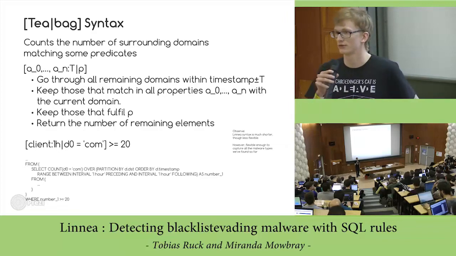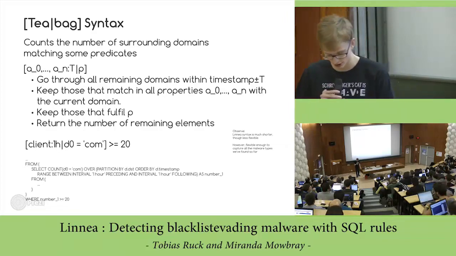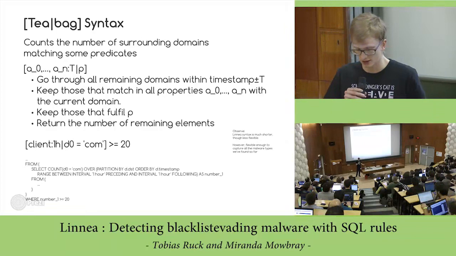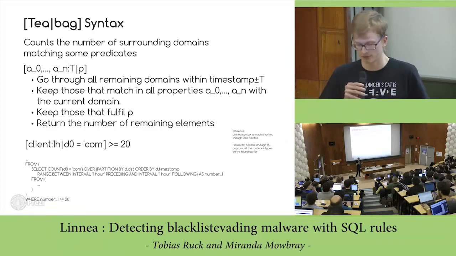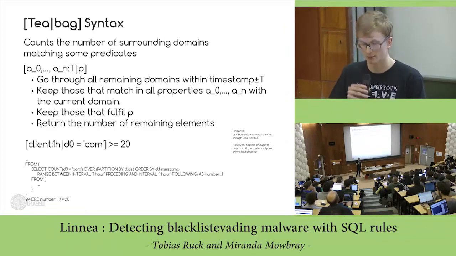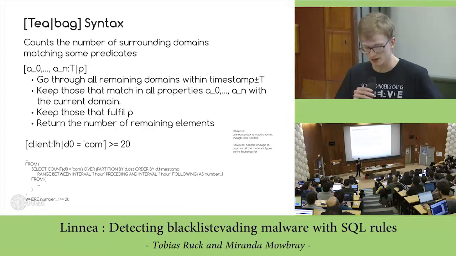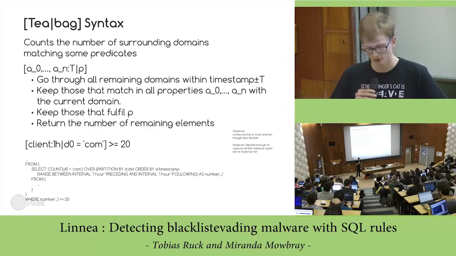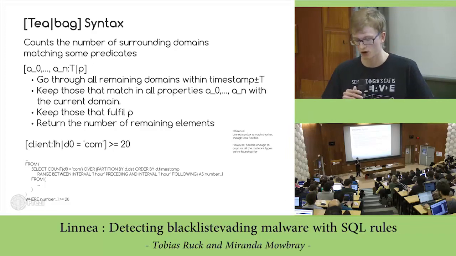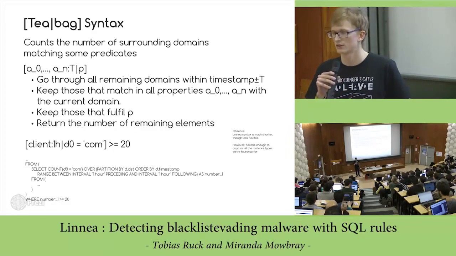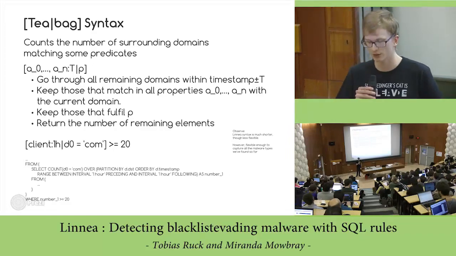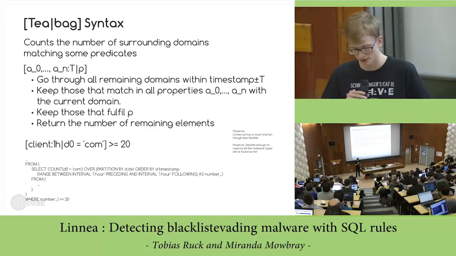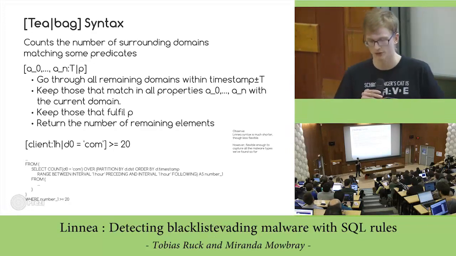At the so-called teabag syntax, as I named it. It's very useful for analytic evaluation. It basically counts the number of surrounding domains from a domain matching some predicates. So if we have a teabag like this, where we have the properties A0 to AN with time frame T and predicate P, we go through all remaining domains within the time frame T. Then we keep all those that match all properties A0 to AN with the current domain.